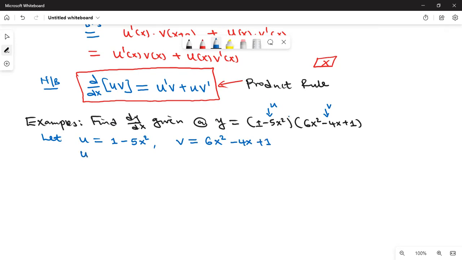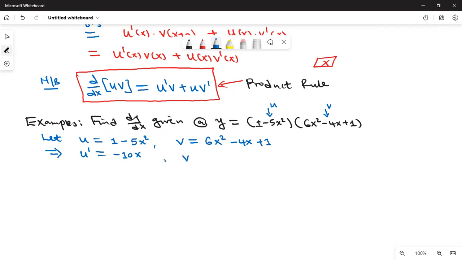So we need to get u prime. Here we are going to use the power rule of differentiation. The derivative of 1 is 0, because 1 is a constant term. Then you differentiate negative 5x squared to get negative 10x.